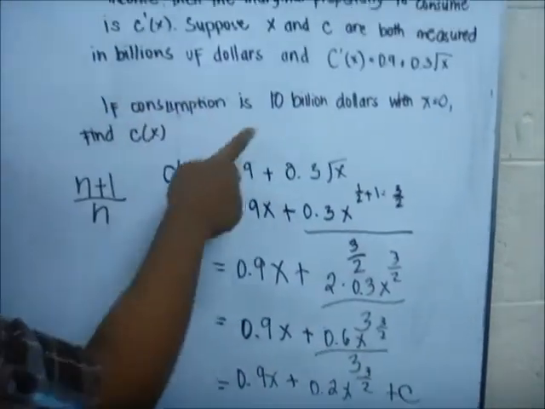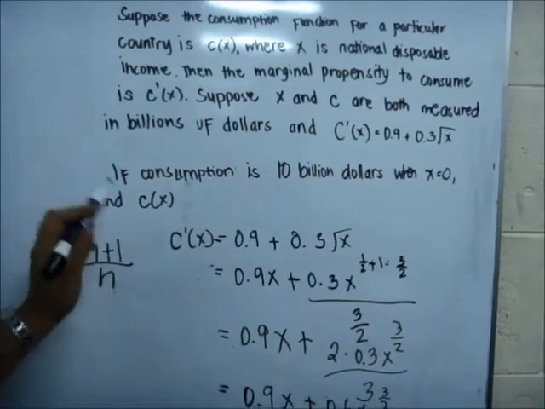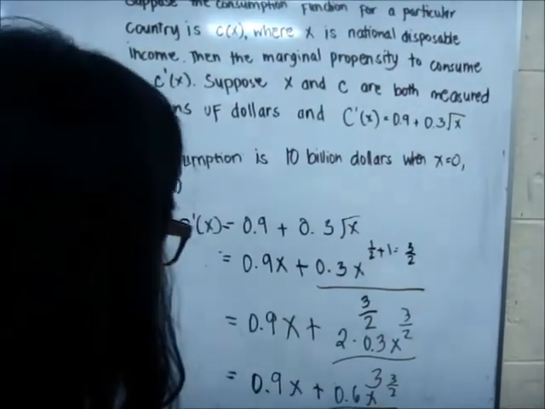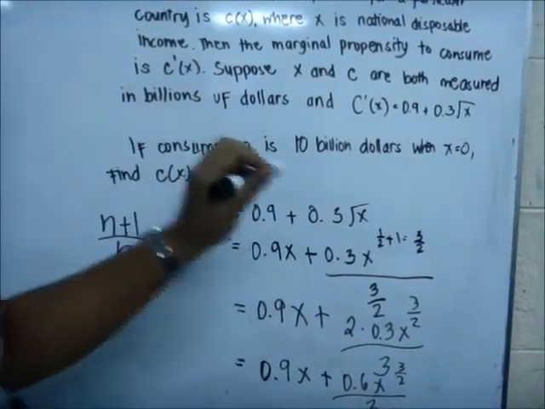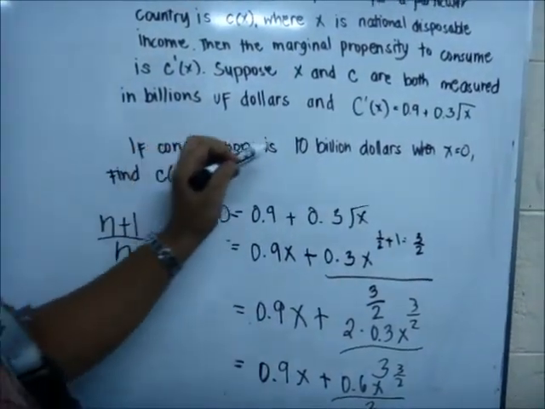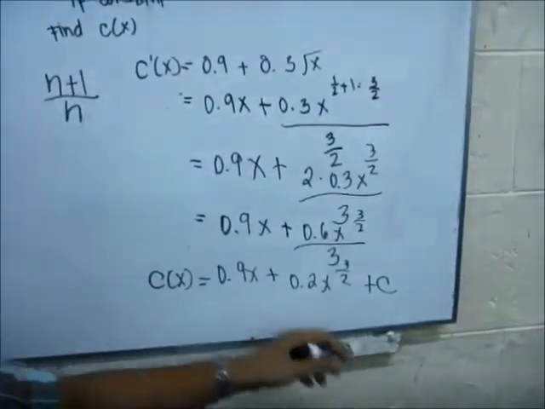Now let's go back to our condition. We already have our C of x. Now, let's go with the consumption is $10 billion. As we all know, C stands for the constant.